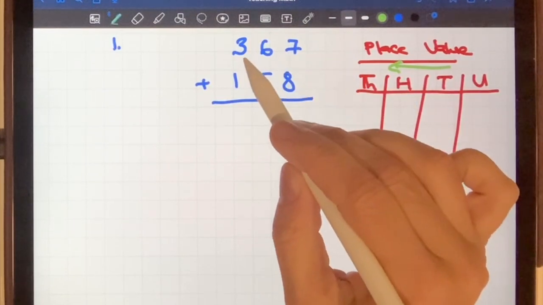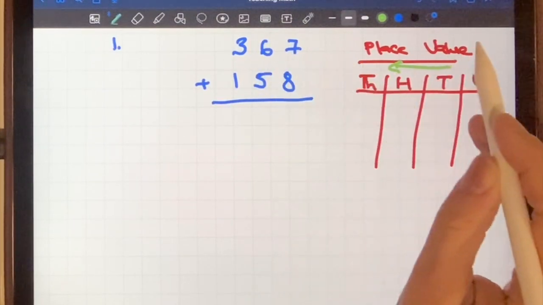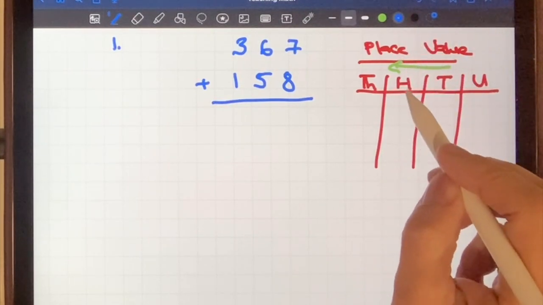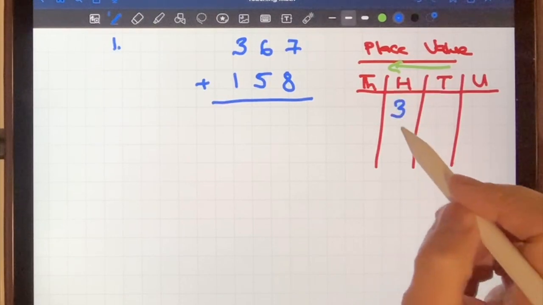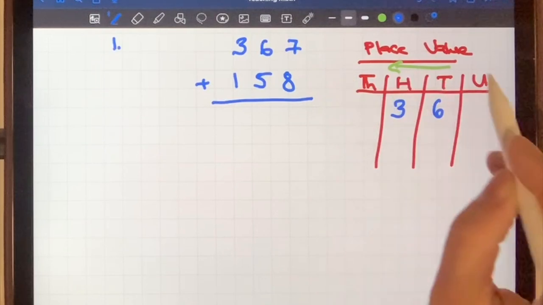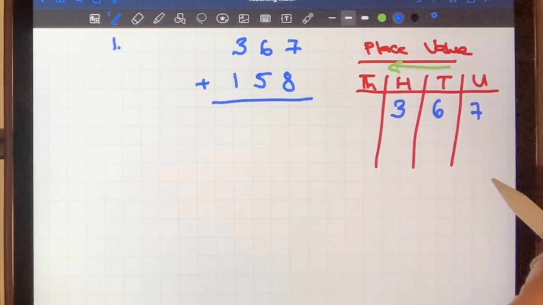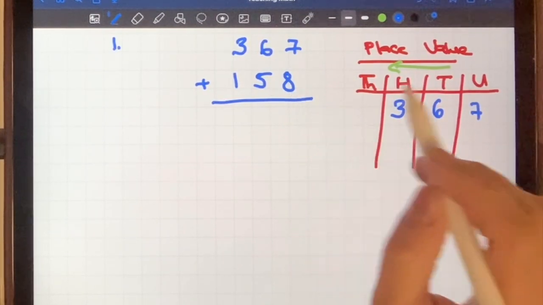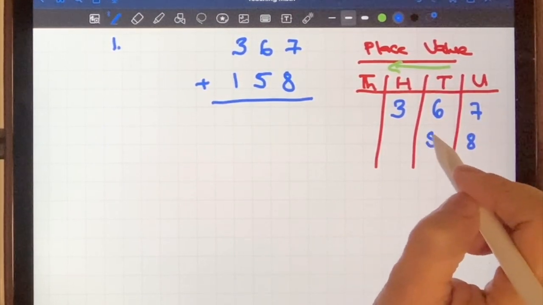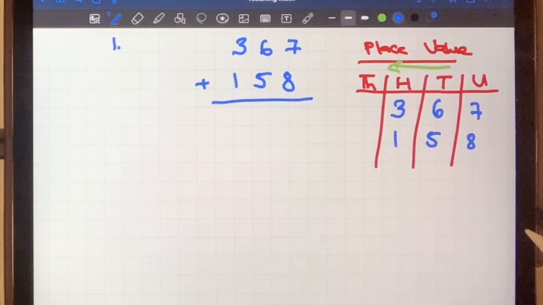So if I'm going to place 367 in my place value chart, the 3 goes in the hundreds column, the 6 is representing my tens, and the 7 is my units or ones, and 158 is 8 units, 5 tens, and 100.